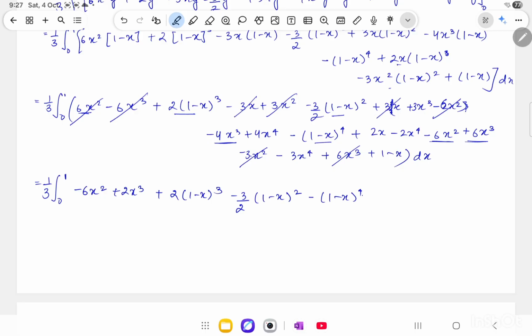Now let's plug in the terms with 3x. This 3x balances this one. So we are left with 2x minus x, that is plus x, and then 3x cube, okay, we have this 3x cube with us.